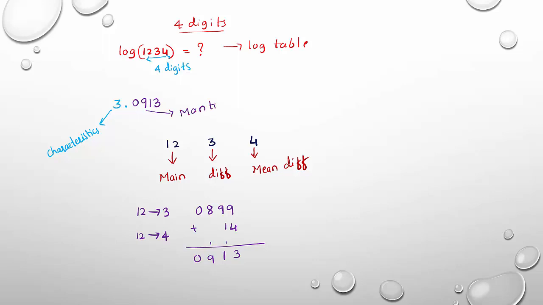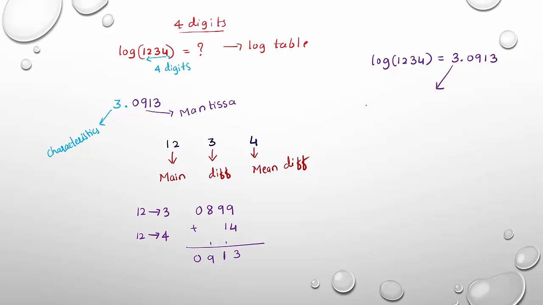What is it? Mantissa. The characteristic is always on the left side of the decimal point. The mantissa is always on the right side of the decimal point. See, the question is log of 1234 equals what? The final answer is 3.0913.